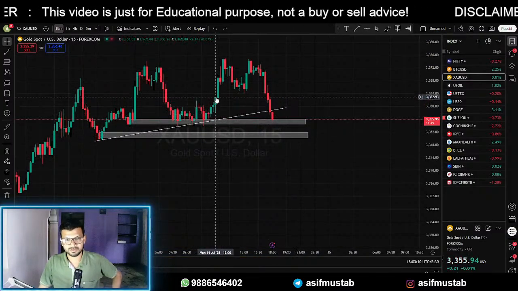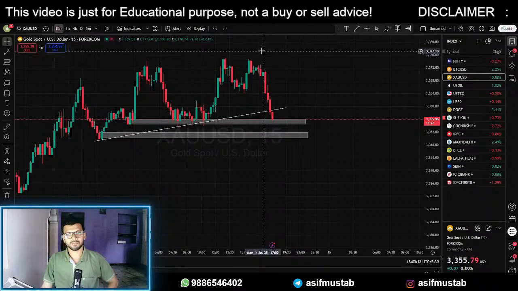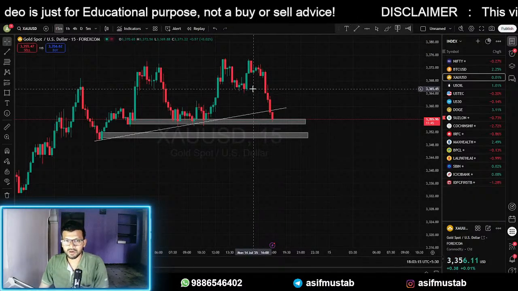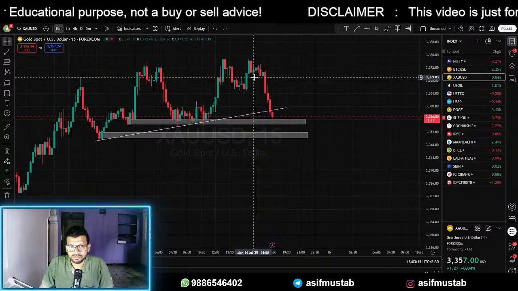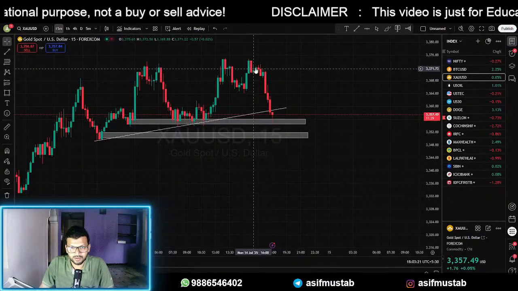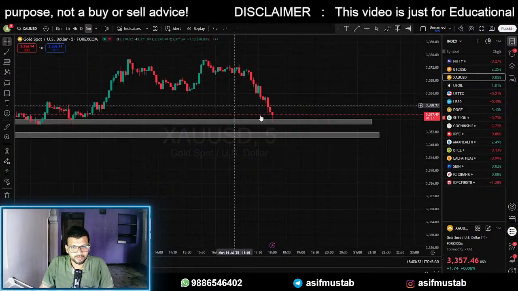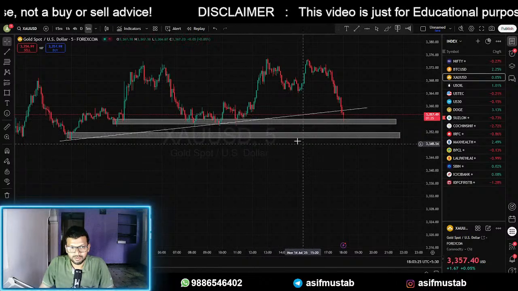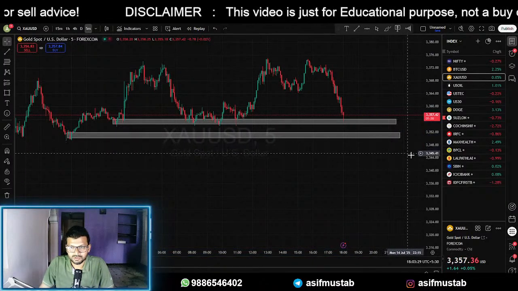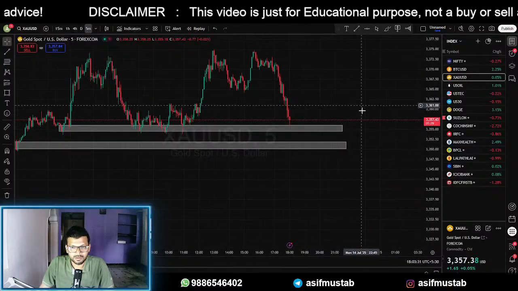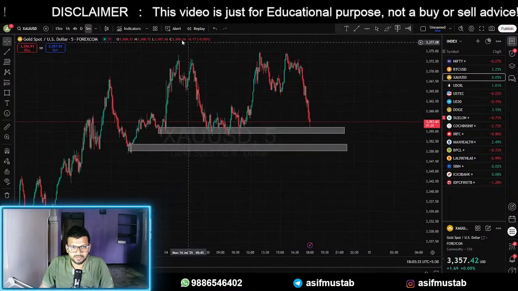From any of these bottom levels we can expect a reversal. So if you wanted to plan on the selling side, we should have entered somewhere here. We cannot enter at the bottom. These are buying zones, or we can also call them support zones, from where the market will reverse.